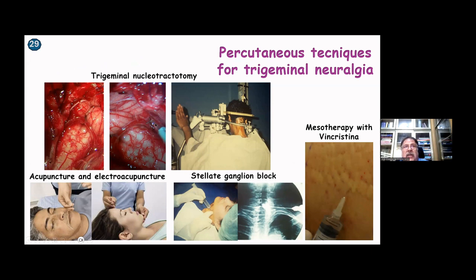But this kind of procedure has vascular complications, such as bleeding and vasospasm, that do not occur in the open procedure. So we don't do percutaneous stereotactic trigeminal nucleotomy anymore.